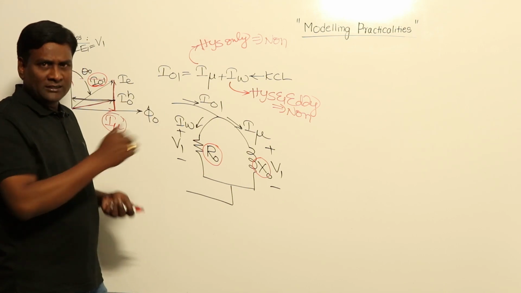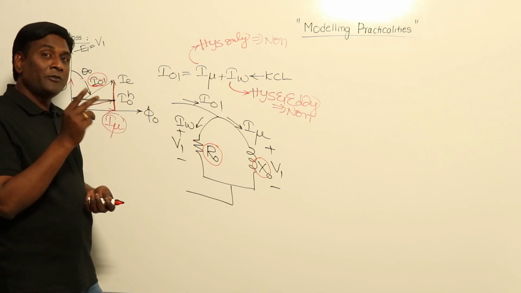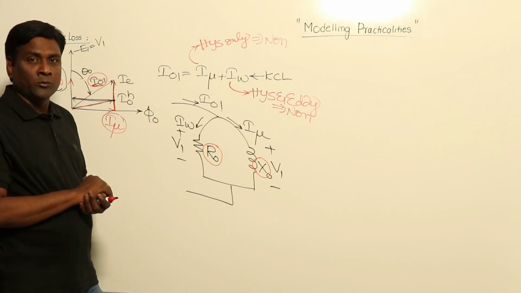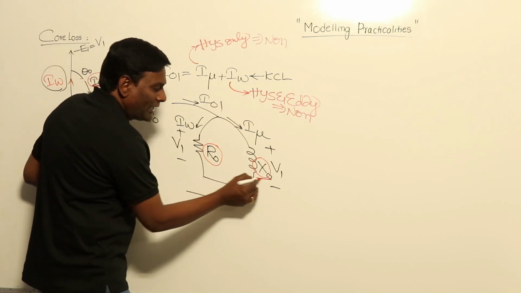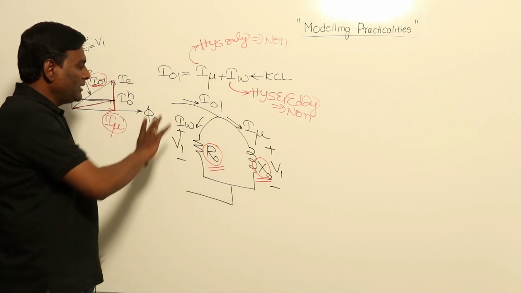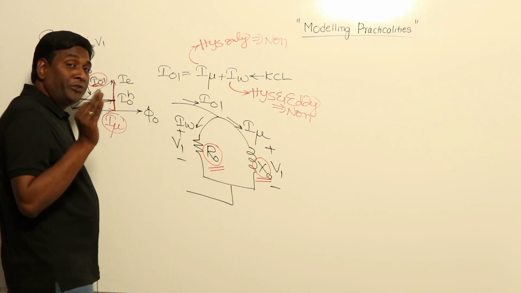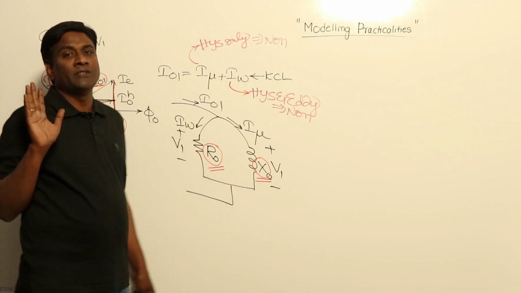Already we discussed in our previous session that if anything is non-linear, parameter values will change depending upon the operating point. So variations will happen in R0 and X0. Depending upon the operating point, R0 and X0 values will change. Please come out of network theory.